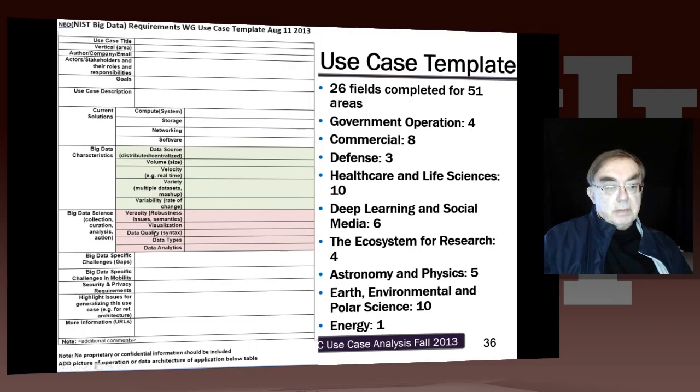Quality and veracity address different aspects of correctness, one at the semantic level and one at the actual data value level. Then we have the actual types of data, and a pretty important field, the actual analytics which is being used or should be used.